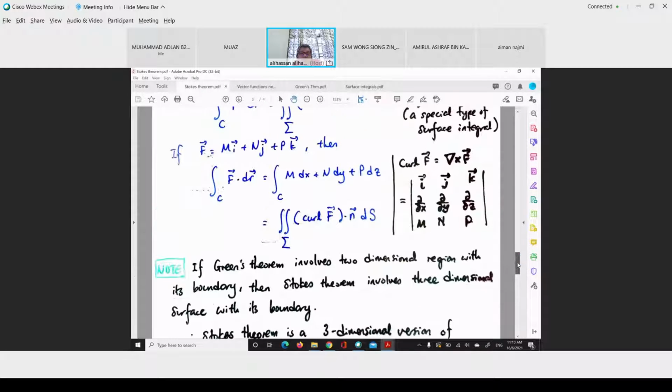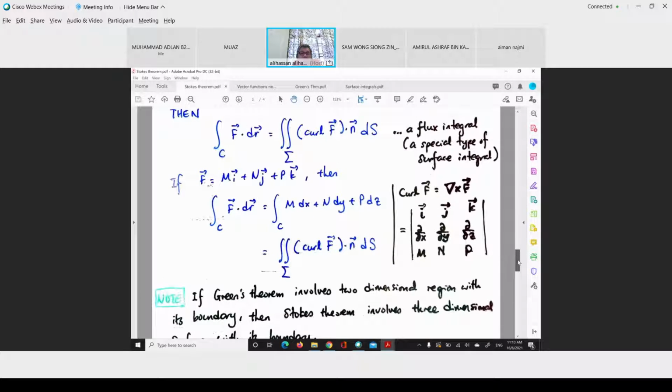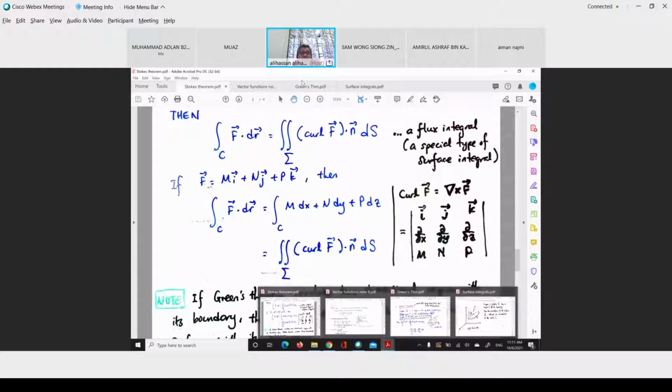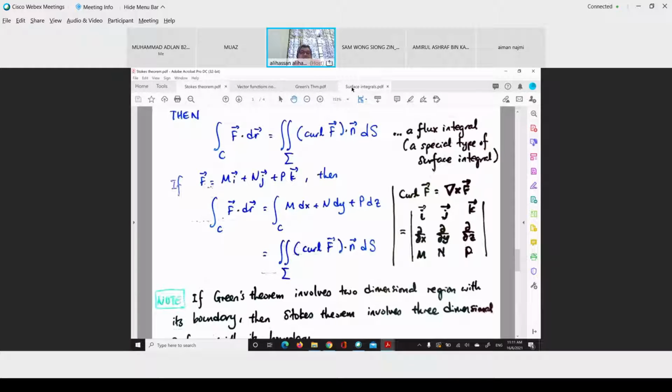So I cannot discuss Stokes' theorem right away. There are some basics of Stokes' theorem that I need to discuss first: the idea of surface integral and the flux integral. That's what I want to discuss next. The idea of surface integrals.